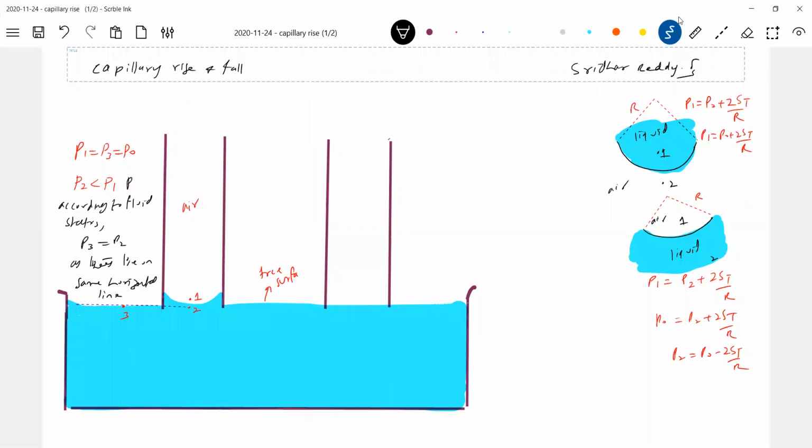So shall we conclude like this? P1 equals P3 equals P naught, and P2 is less than P1. Therefore, P2 will be less than P3. This is according to the surface tension.